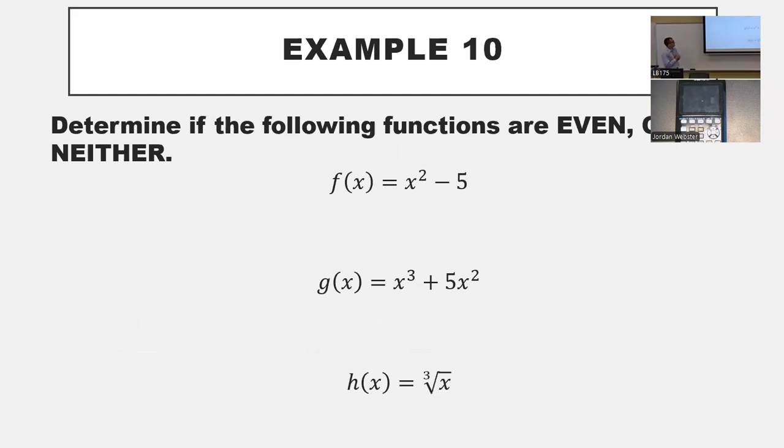So let's try to determine whether functions are even, odd, or neither. We'll do this algebraically at first, then I'll also show you how to do it graphically. So we're trying to determine whether f of x equals x squared minus 5 is even, odd, or neither.